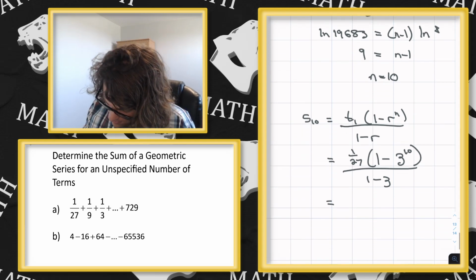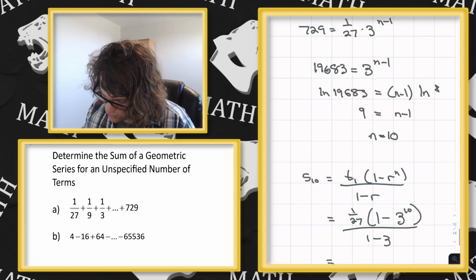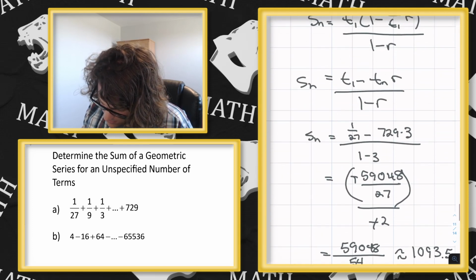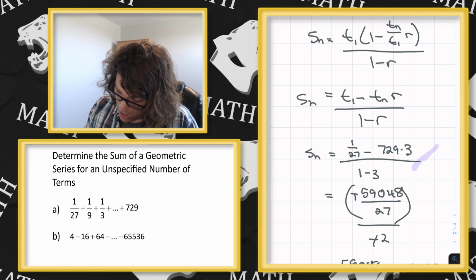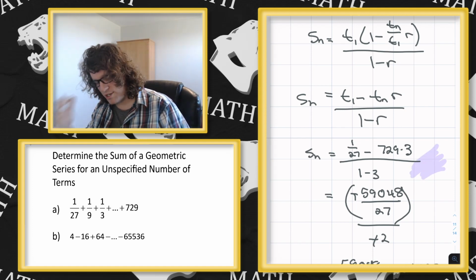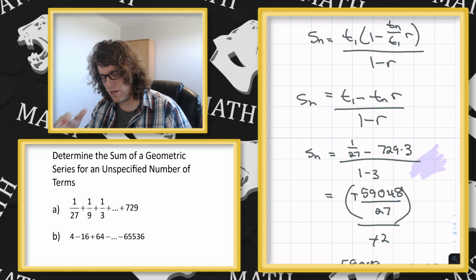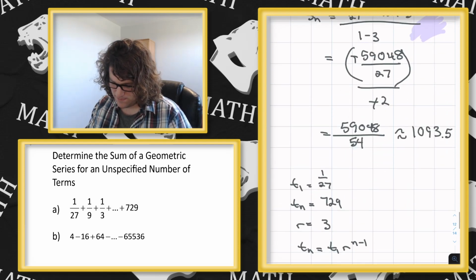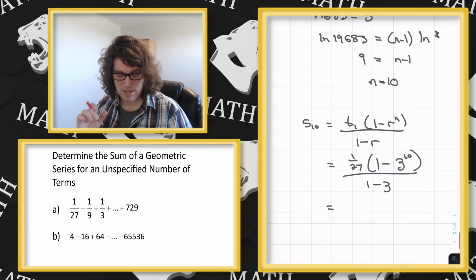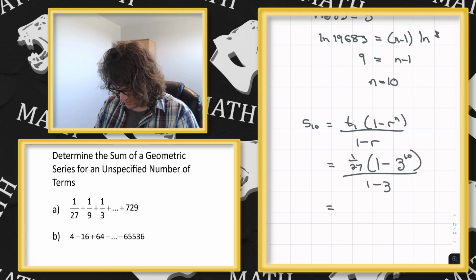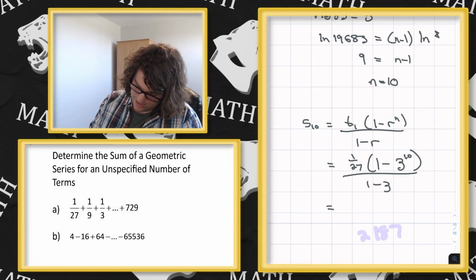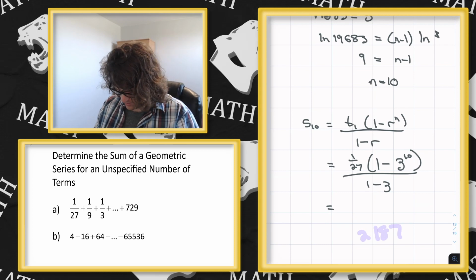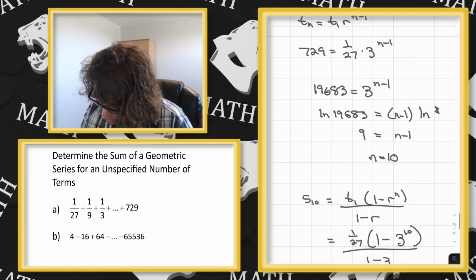Again, that actually looks really familiar. It looks a lot like this. So the question is, is 729 times 3 the same thing as 3 to the power of 10? So 729 times 3 is 2187, and 3 to the power of 10 is not. Oh, haha.